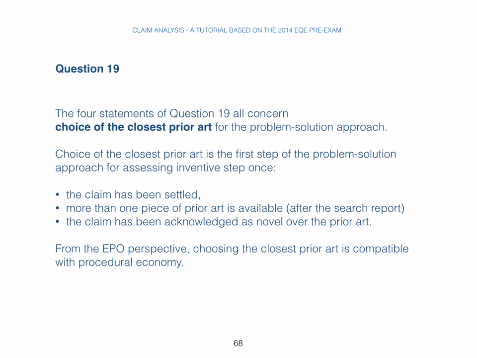This is the first step of the problem and solution approach for assessing inventive step. Once the claim has been settled, more than one piece of prior art is available after the search report has been issued and the claim has been acknowledged as novel over the prior art. From the EPO perspective, choosing the closest prior art is compatible with procedural economy.